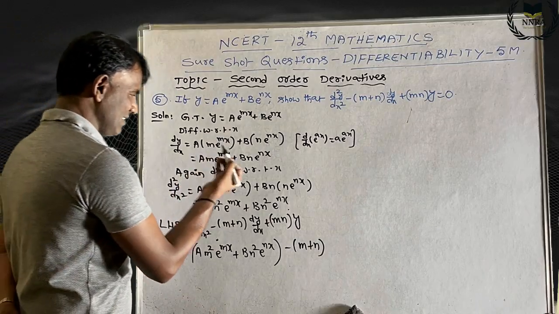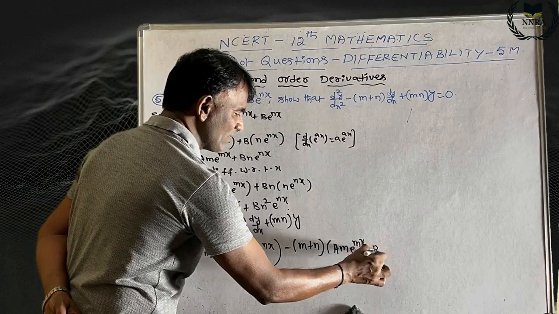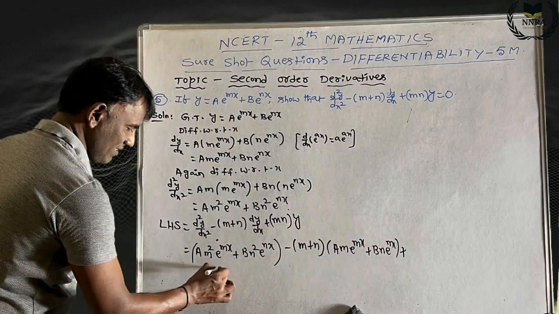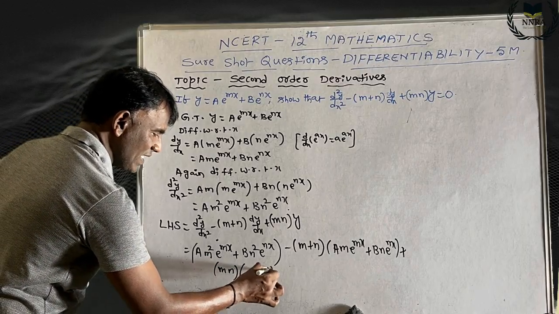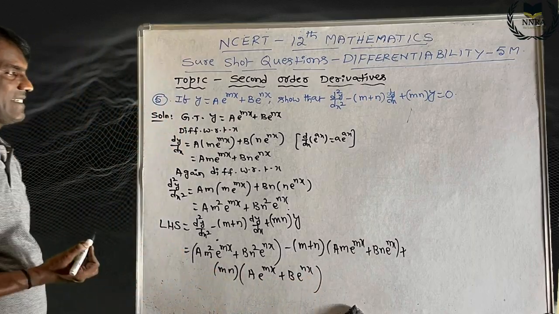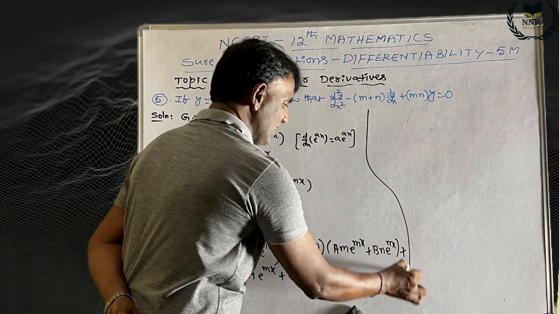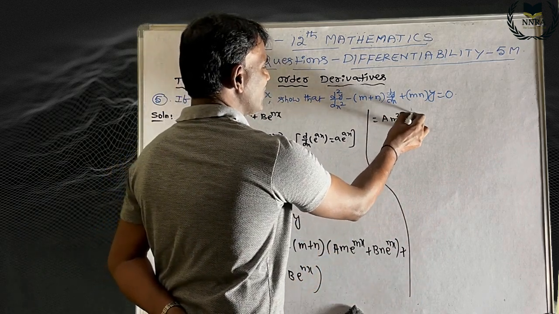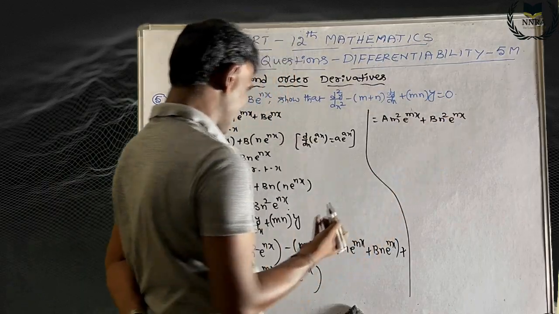What is that? Am into e power mx plus bn into e power nx, then plus mn into y. What is y? a into e power mx plus b into e power nx, right? And now first two terms are same. I am writing here. So what is the first term? Am square e power mx. Second one is bn square e power nx, right?